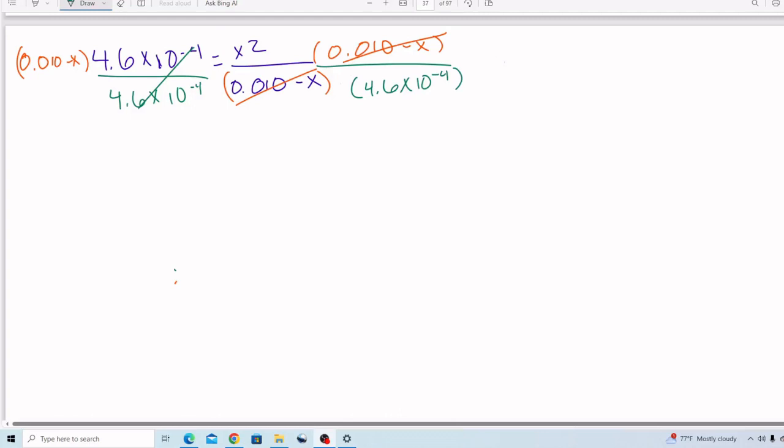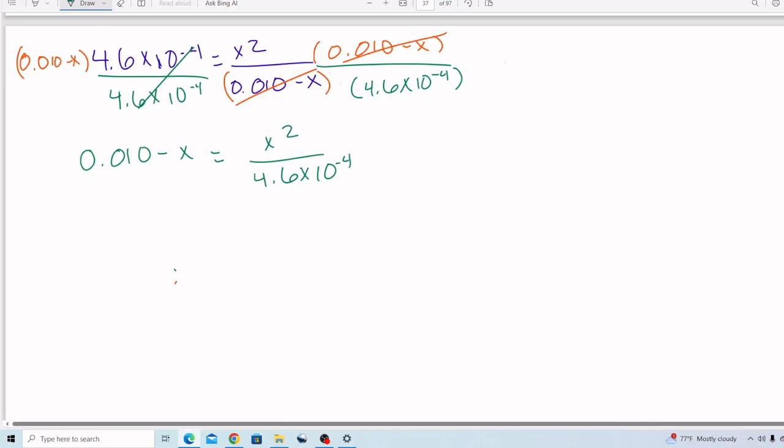So that will allow me to rewrite my equation like this: 0.010 minus X equals X squared over 4.6 times 10 to minus 4.